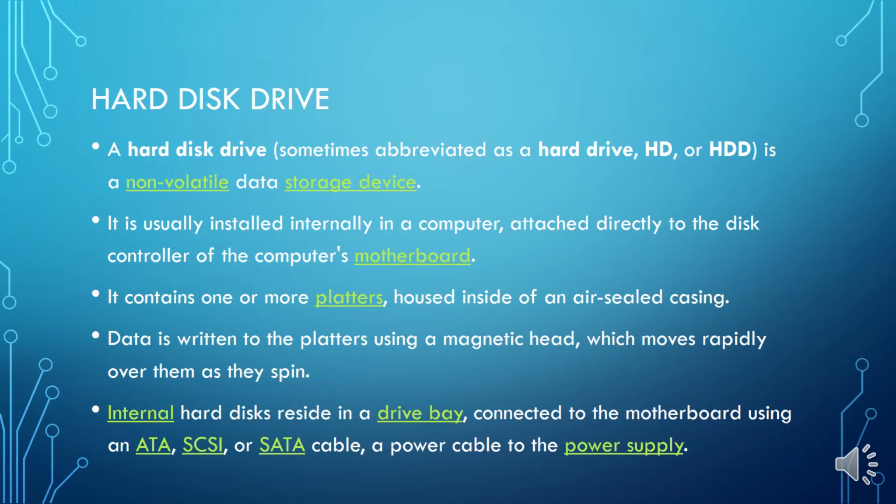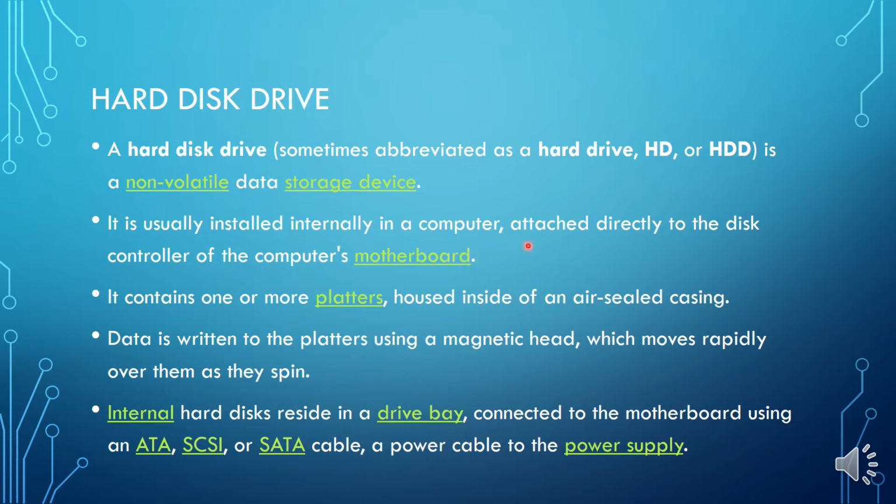So disks are used to store user information, that we already know. Now a hard disk drive, sometimes known as HD, hard drive or HDD, is a non-volatile data storage device. It is usually installed internally in a computer, attached directly to the disk controller of the computer's motherboard.